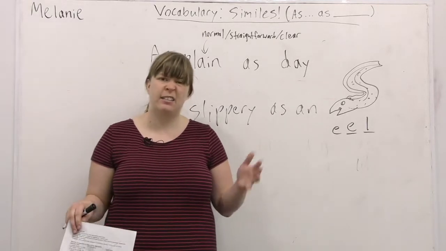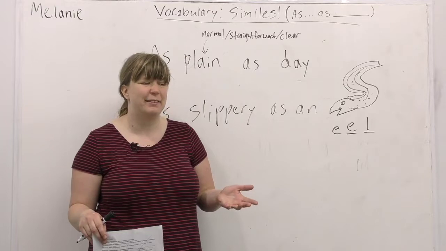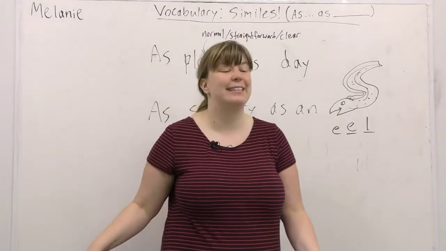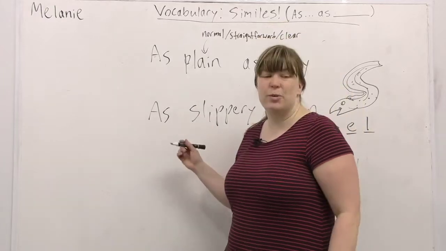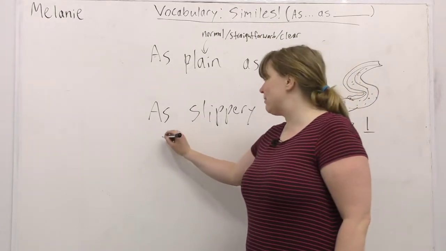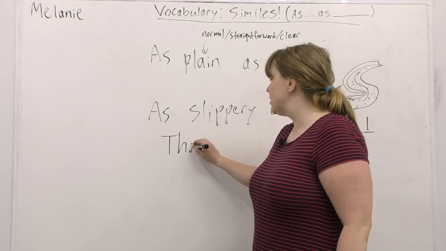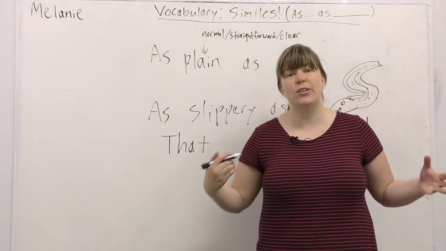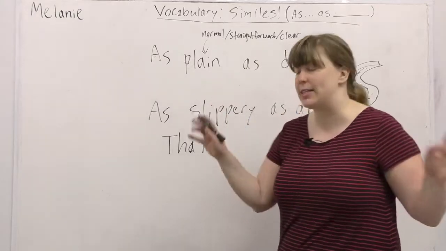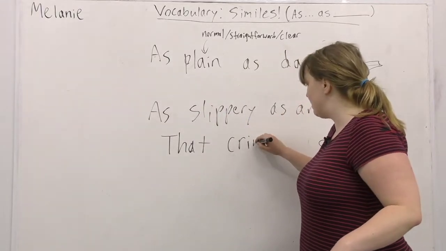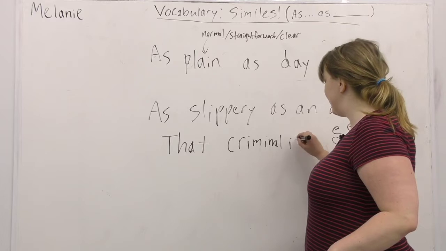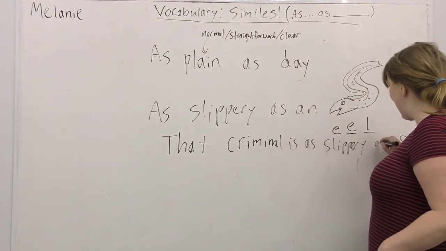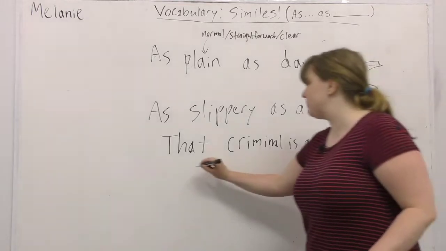So I guess it's kind of similar to the cunning thing I told you about. In fact, I got a new example actually. All right, I'm gonna write out an example for you. So let's say there's a criminal, he's in jail, but he somehow got out, he escaped. That criminal is as slippery as an eel.